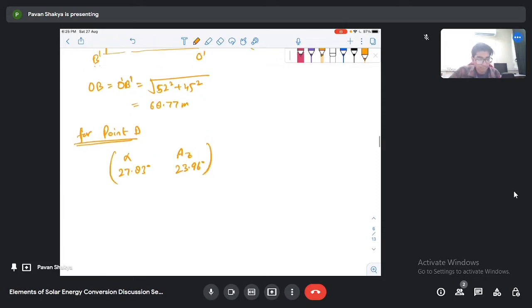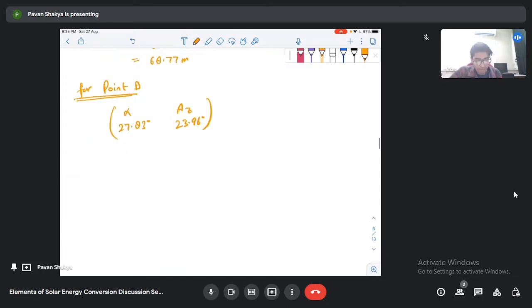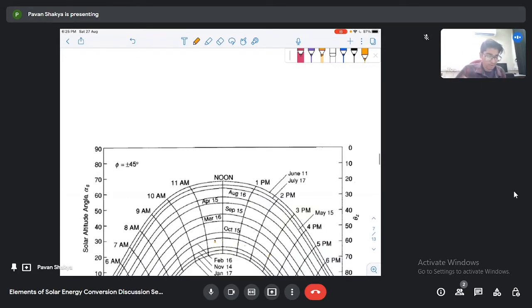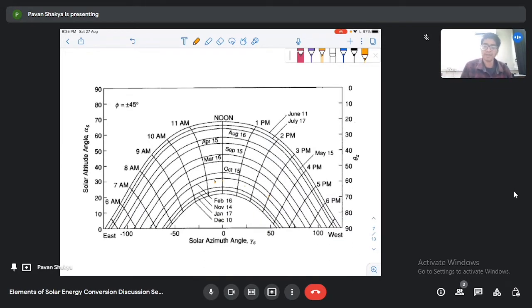Okay. Now you have all the altitude and azimuth angle. Now you have to see these points on the sun path diagram. So this is our sun path diagram. It will be the latitude angle.